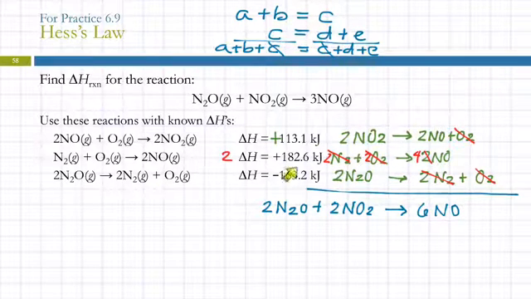Then I have to add these up. I didn't leave myself much space. So adding up the delta H's, I've got positive 113 because I flipped that one around. And then I'm going to add 2 times 182.6 plus negative 163.2.